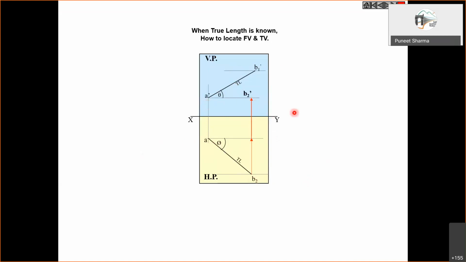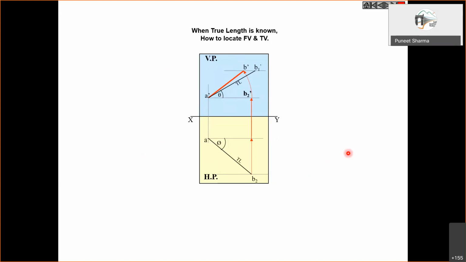Both the conditions merge together when we brought it here. So this gives us the final location of B dash. So we join B dash and A dash and we obtain the front view. This is when the line is inclined at theta with the horizontal plane and phi with the vertical plane.